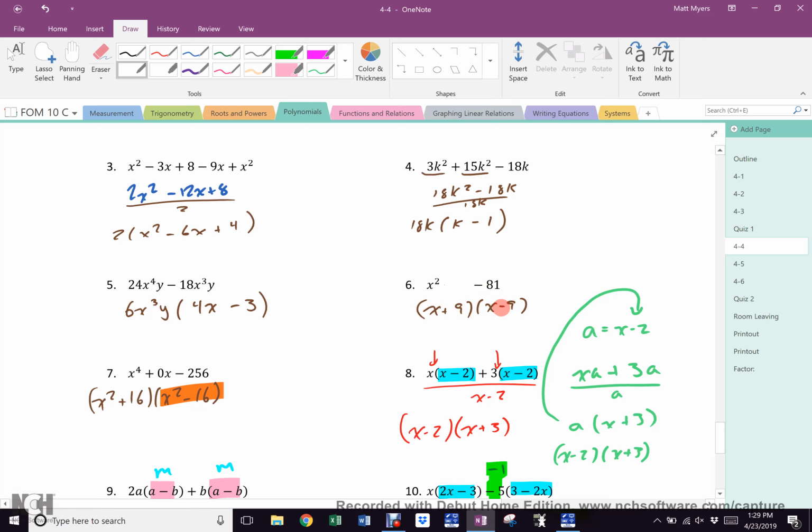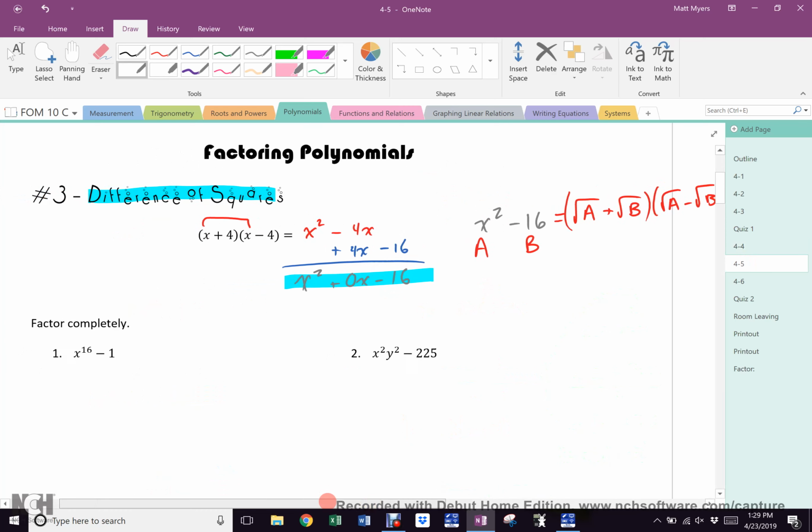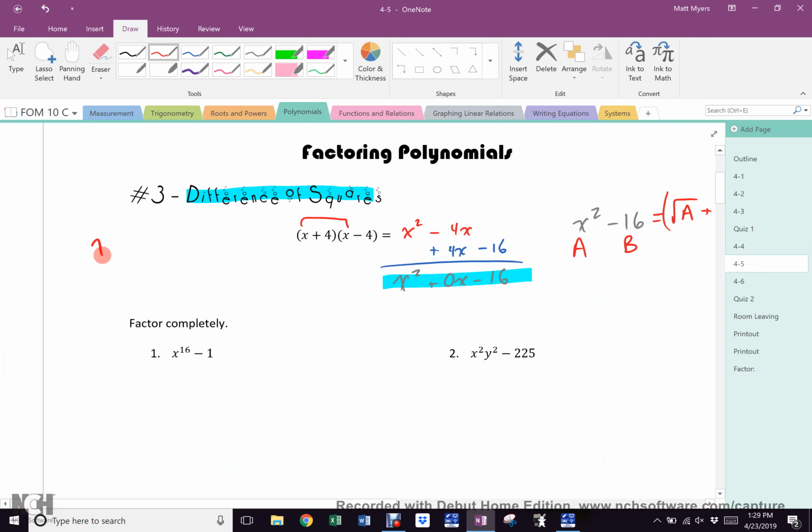Everybody got it? Now, somebody always asks me at this point, well, Mr. Myers, what if it's x squared plus 16? That does not work, does it? Because if I take the square root of that, it's x. And the square root of that is 4, right?